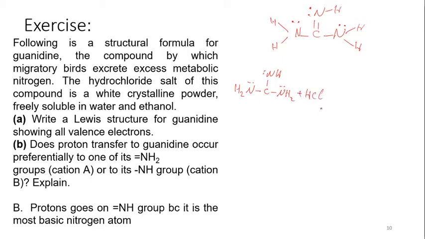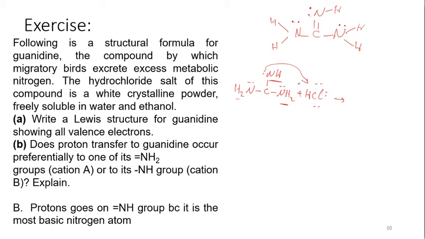HCl usually is a proton donor, and what will happen, it will accept electrons, and it may come from that side, because this is NH only, but those have two hydrogens and this one has two hydrogens as well.